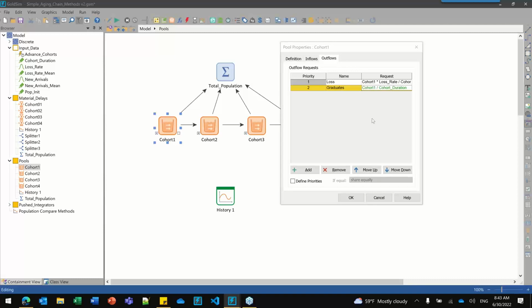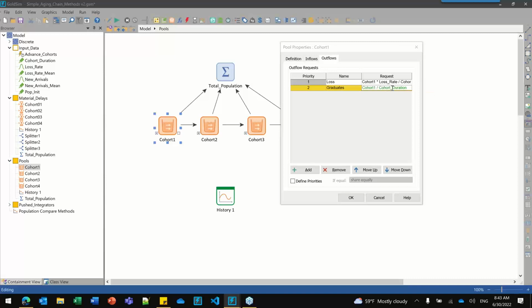So everybody that's in here, however long we want them to stay in there, they will eventually all leave the system after that duration. If you had shorter time steps, then you would see these people gradually leaving over multiple time steps, if the time step length in GoldSim is shorter than the duration of the cohort.